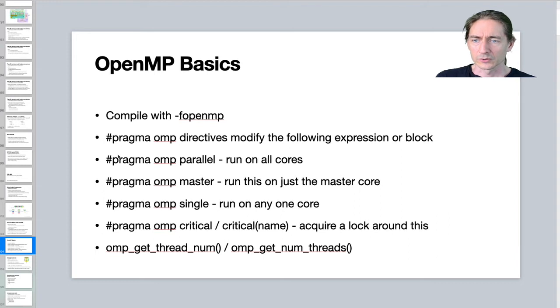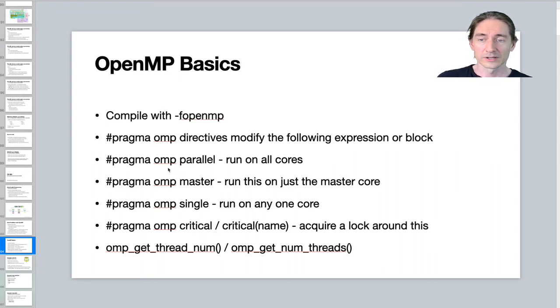Okay, so to start running a bunch of things in parallel, you just say pragma omp parallel. Now it'll run on all the threads. You can tell it how many threads you want to have with an environment variable, or it'll just use all the cores on the machine by default.